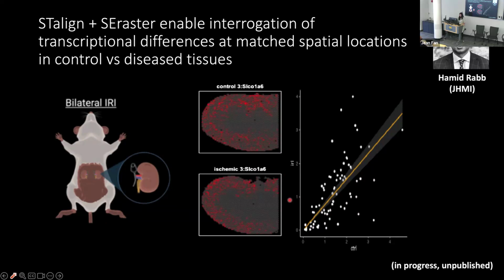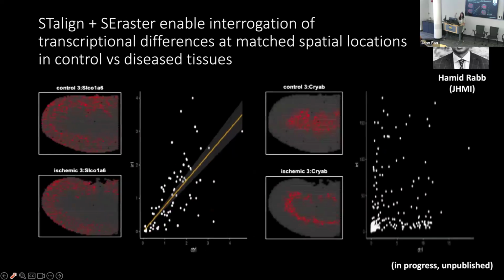But because we have these tools, now we can screen the whole transcriptome and evaluate all the genes and specifically look for genes that might change in their spatial patterning. There are definitely genes that are not changing globally in their magnitude. If you just did bulk RNA sequencing, this gene would be very comparable in the controls versus the ischemic.